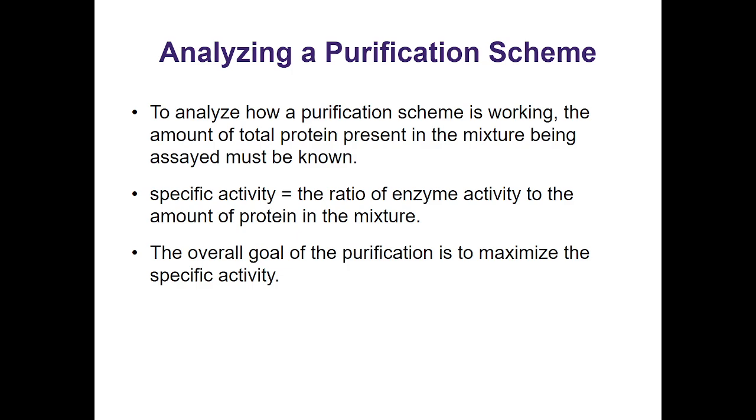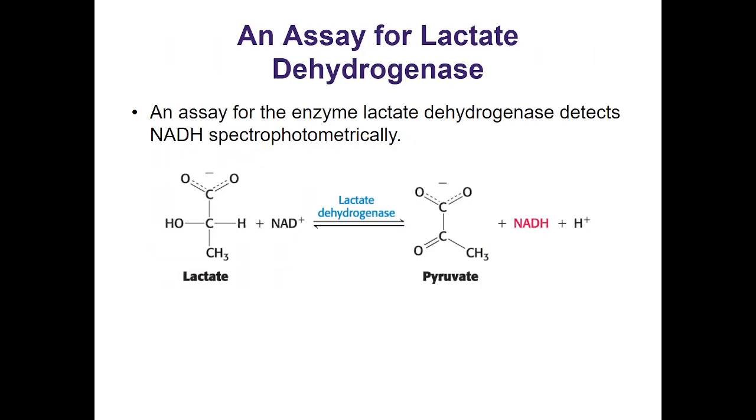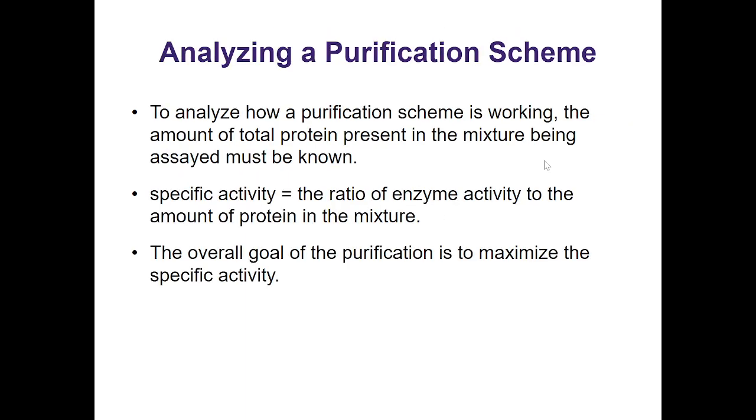And so what you look at is you take the total amount of protein, you have an idea of what the activity for that would be, how much it would bind something, how much it would convert something, how much it would take NAD plus and convert it to NADH, right? And so you can time that reaction, see how long it takes to convert a specific amount of NADH, and however long that takes tells you how much of the protein you have, doesn't it?